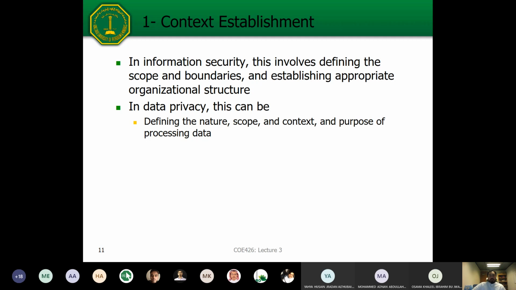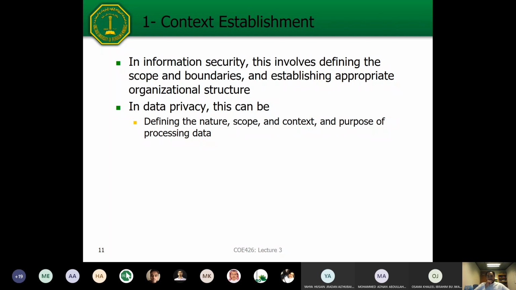I always give the example of health institutes and financial institutes. The nature of data processing is totally different. One is mainly dealing with banking transactions, financial information of a person, and the other, a health institute, works with patients' information and history of diseases and so on. So the nature of data processing and the purpose of using data is totally different.